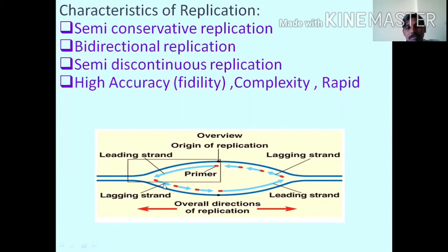This is called discontinuous, and this is called continuous. Both types of replication are seen together: continuous as well as discontinuous. Discontinuous means the newly synthesized DNA is in the form of fragments, while the other is synthesized continuously. So that is called semi-discontinuous replication.